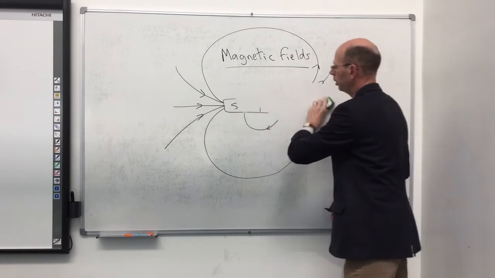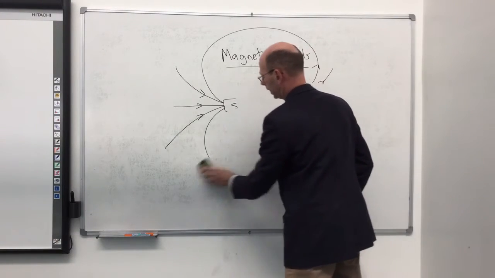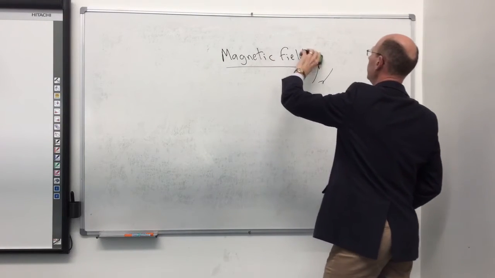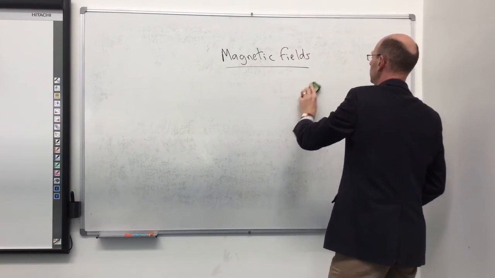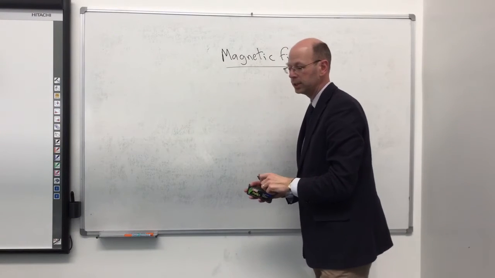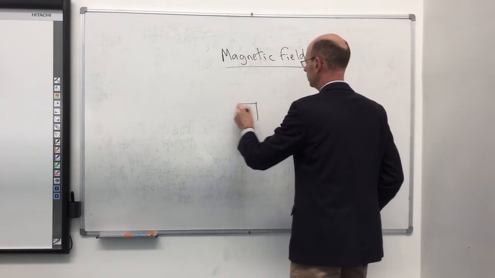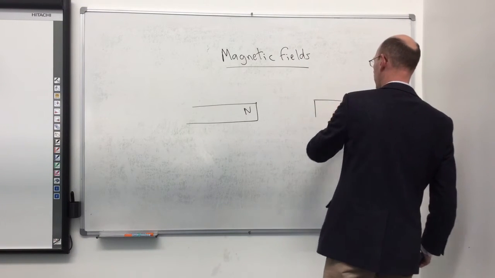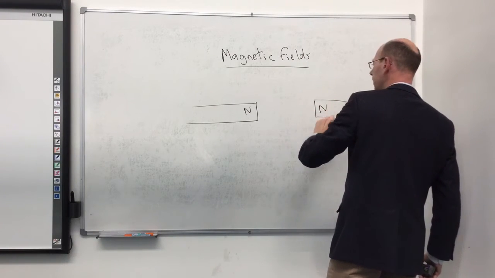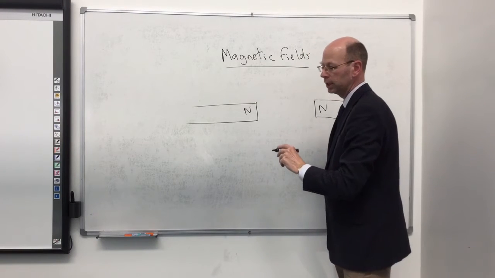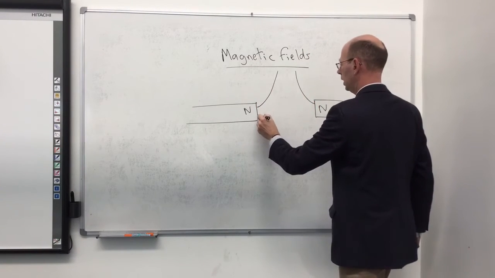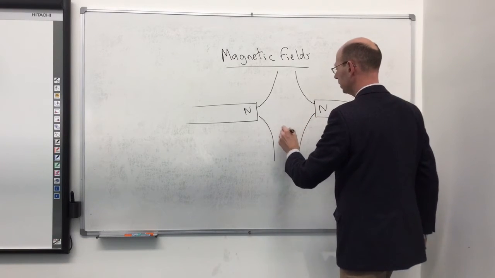Now what happens if we put two bar magnets together? Well, depends how we do it really. If we put two poles together of the same kind, then it's almost as though the field lines themselves repel magnetically. So suppose I had a north pole there and a north pole here, then the field lines sort of push each other out, and we get much less of a magnetic field.